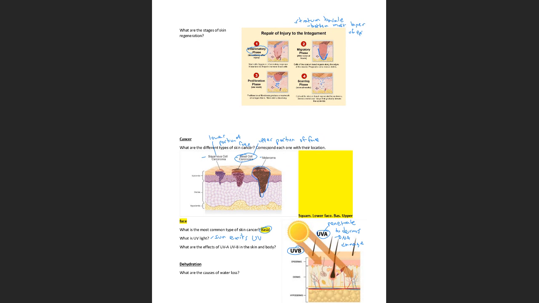UVB is not as strong, so it can only reach the epidermis. That's as deep as it ever goes. So this is what causes sunburn for the most part, and it is responsible for vitamin D production.